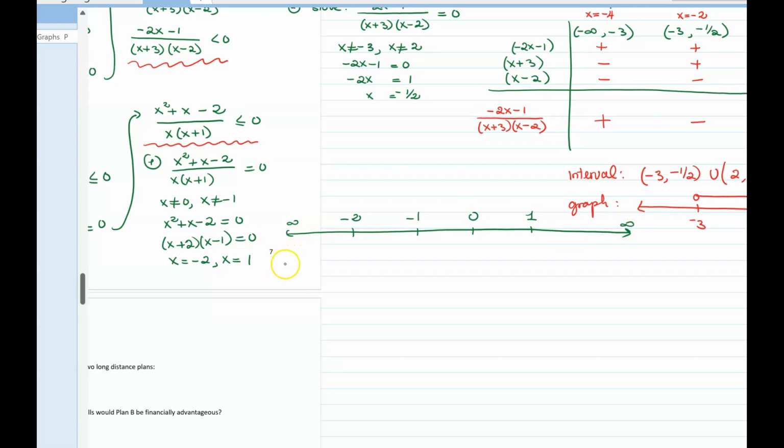And the factors that we are considering are x squared plus x minus 2, x, and x plus 1. So in the first interval, let's choose x equals negative 3, x equals negative 1.5, x equals negative 0.5, x equals 0.5, and x equals 2 for the intervals respectively.